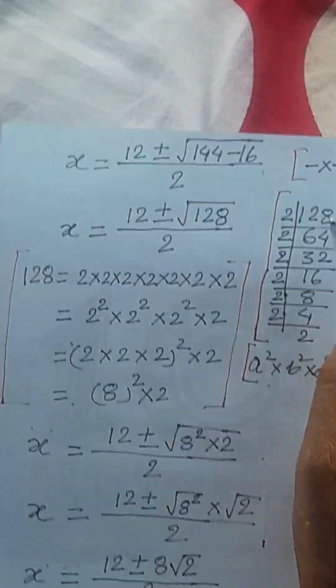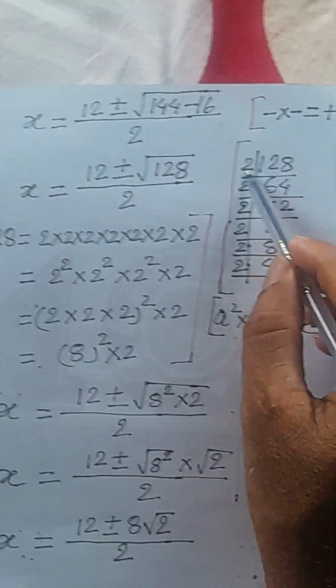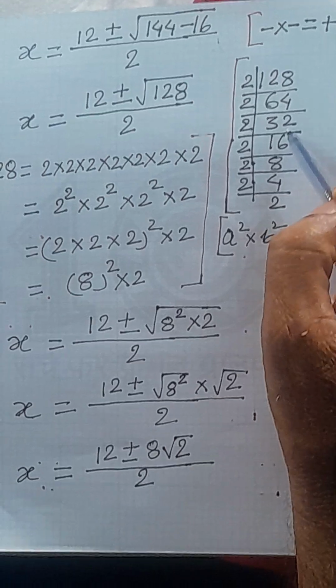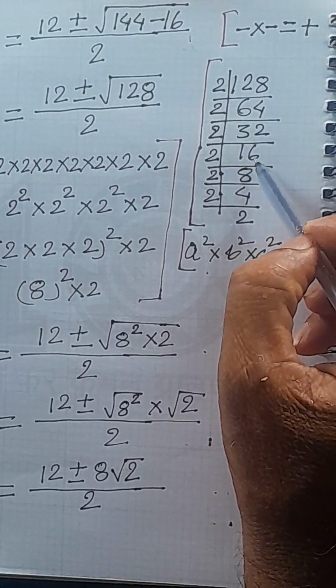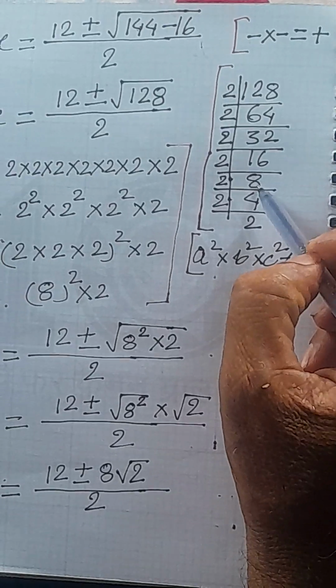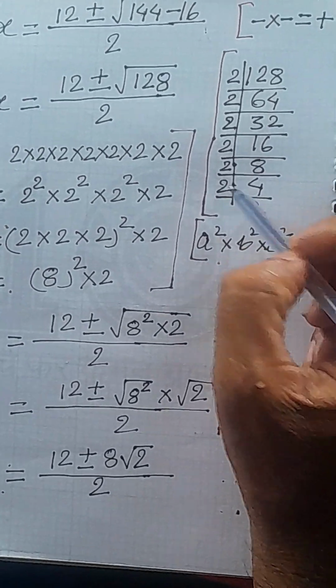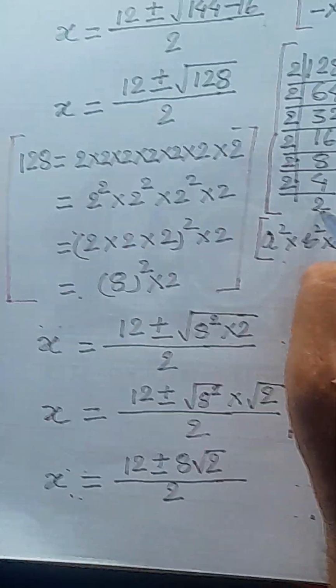For that, we divide 128 by the smallest prime number, that is 2. We get 64. Again by 2, we get 32. Again by 2, we get 16. Again by 2, we get 8. Again by 2, we get 4. Again by 2, we get 2. So this is the lowest prime number.